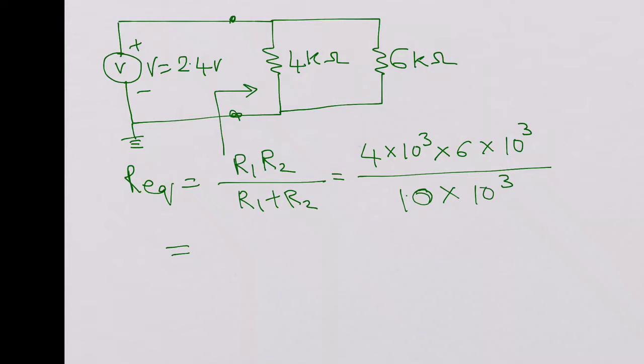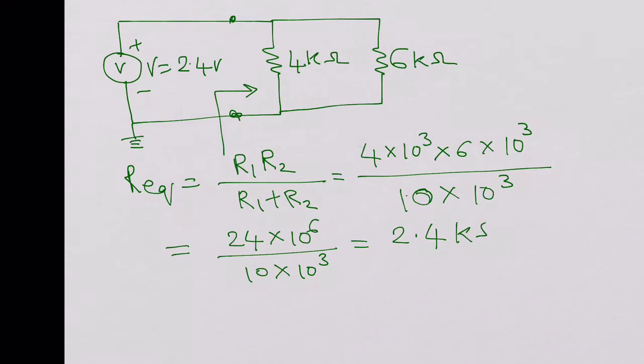So this would be 24 times 10 to the power 6 over 10 times 10 to the power 3. That would be 2.4 kilo ohms. So 2.4 kilo ohms is the equivalent resistance.